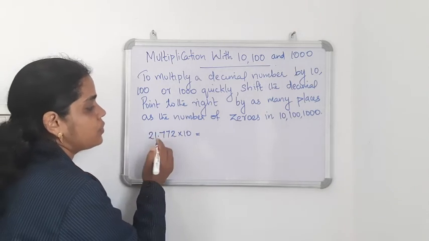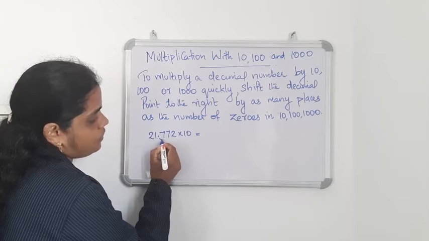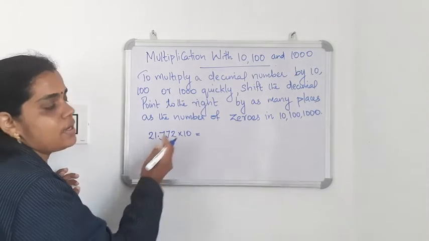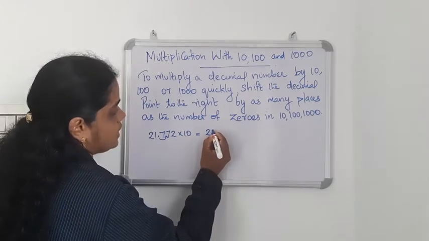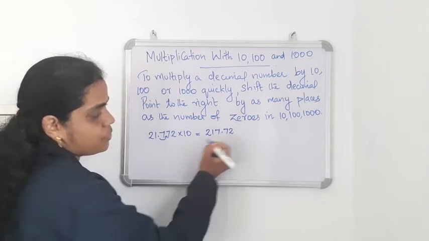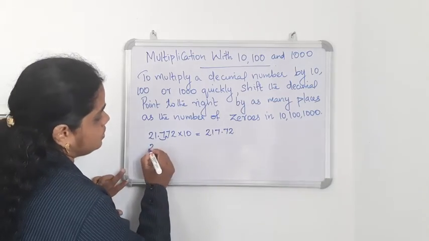So now here is the point, we need to shift the point to here. Okay, 1 place we need to shift to the right side. So the answer is 217.72.